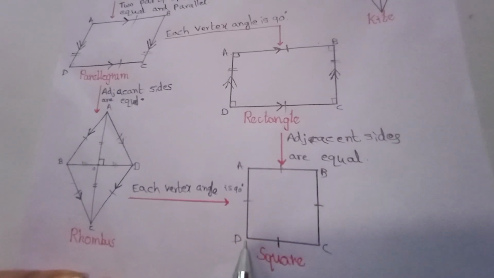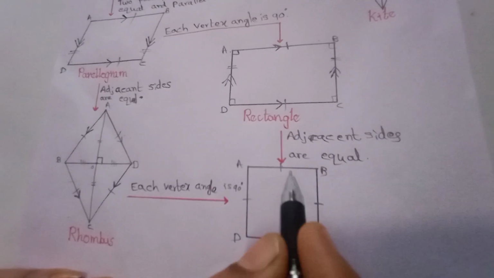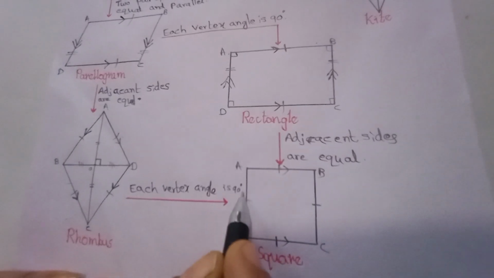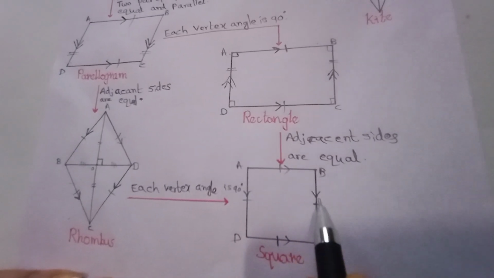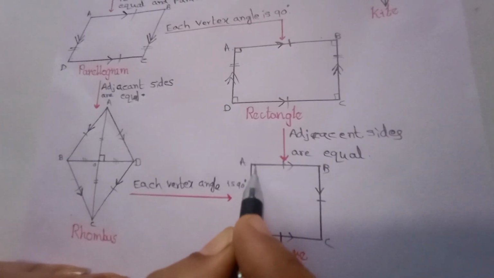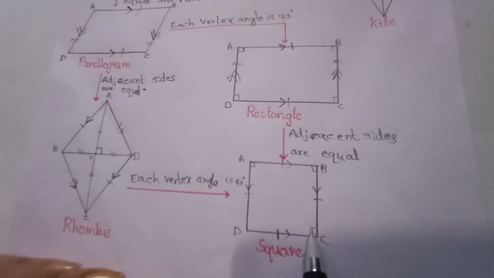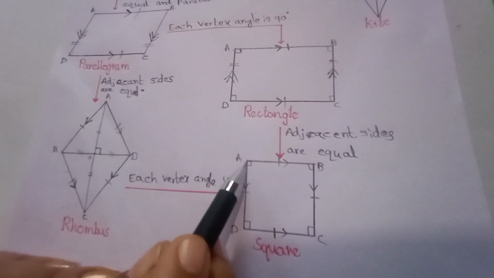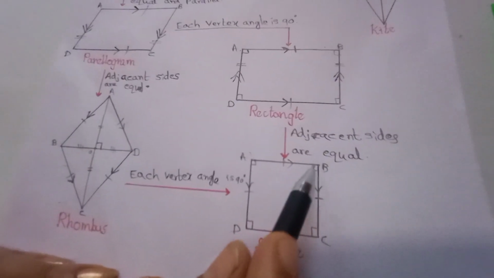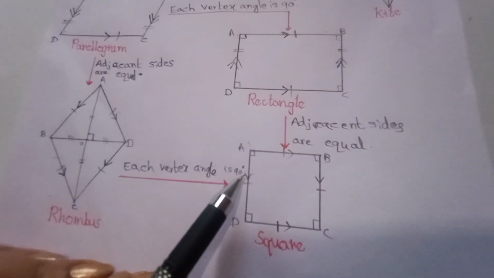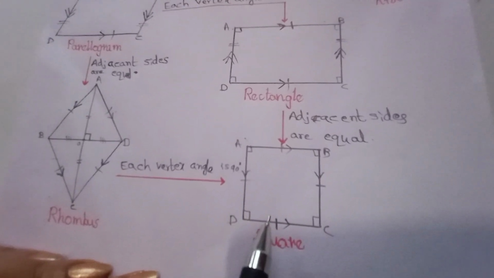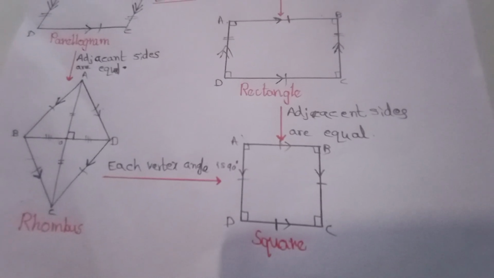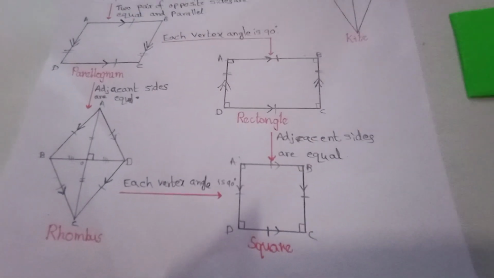This side is parallel to this side like this. This side parallel to this side. This side parallel to this side. And all angles are 90 degrees. And diagonals are equal. Can you understand, children? Write it down, children.